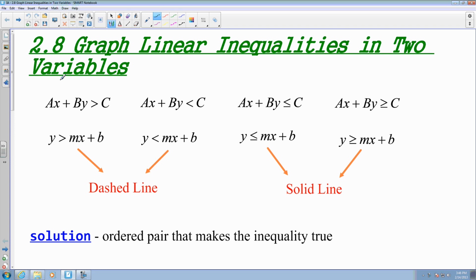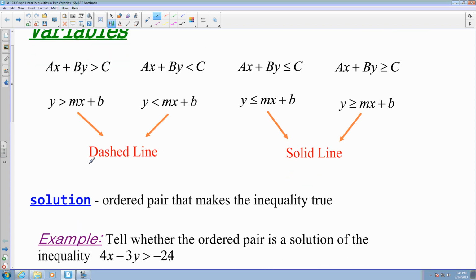If it's a greater than or less than sign, it's a dashed line. If it's a greater than or equal to or less than or equal to, we use a solid line. You can then use solutions for ordered pairs to make sure that these inequalities are true.